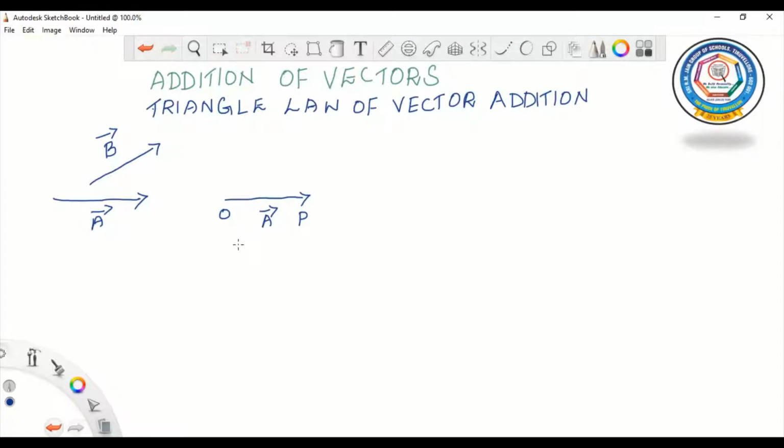Here we are representing the two vectors both in magnitude and direction by two sides of a triangle taken in the same order. So if it is in the same order, then we have to draw the second vector from this point. That is, P is the arrowhead and this will be the tail. Okay, so we have to draw the second vector from this arrowhead. So PQ be the second vector.